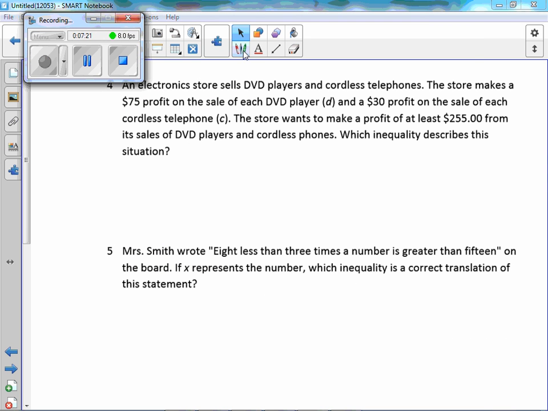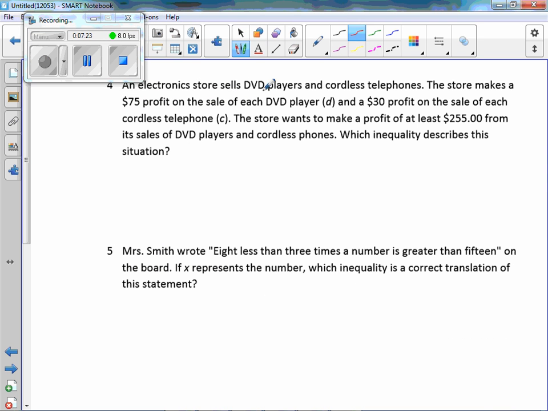An electronics store sells DVD players and cordless telephones. The store makes a $75 profit on each DVD player and a $30 profit on each cordless telephone. The store wants to make a profit of at least $255.